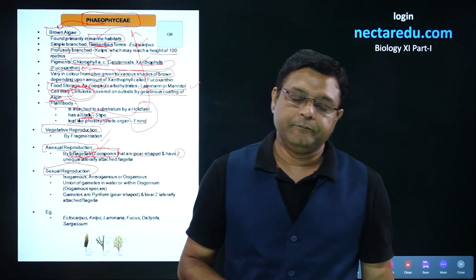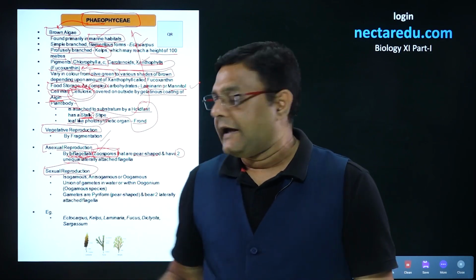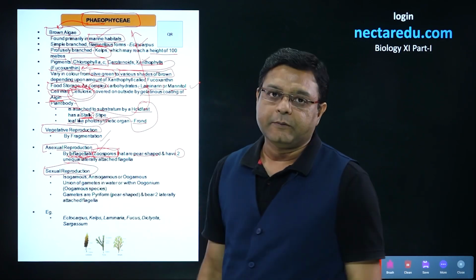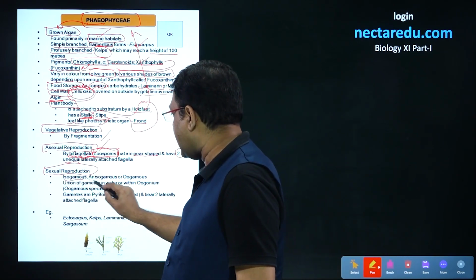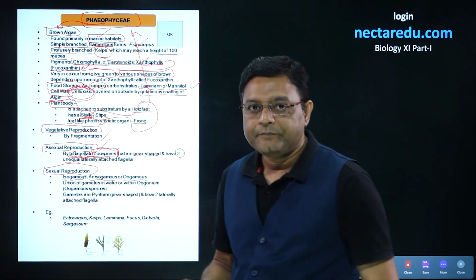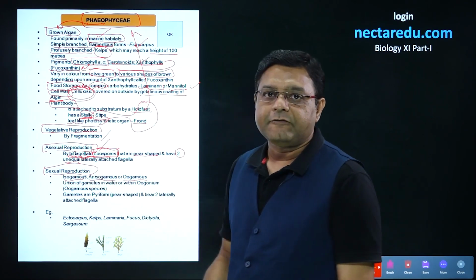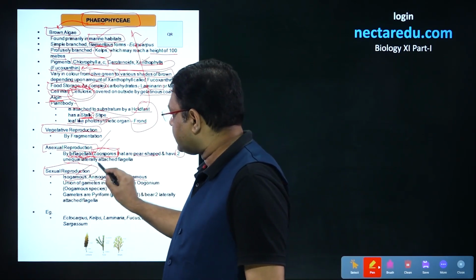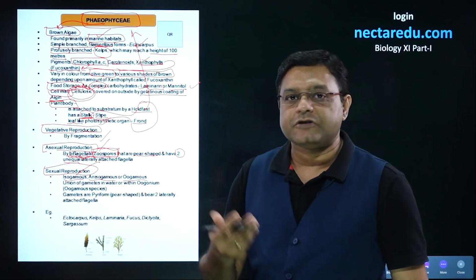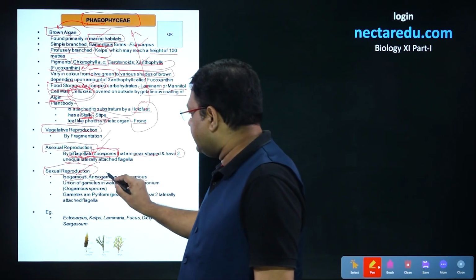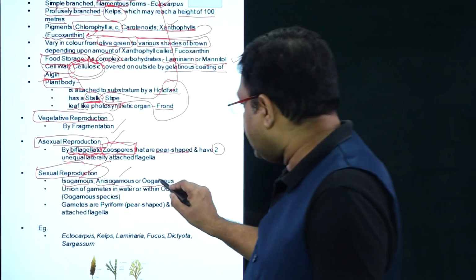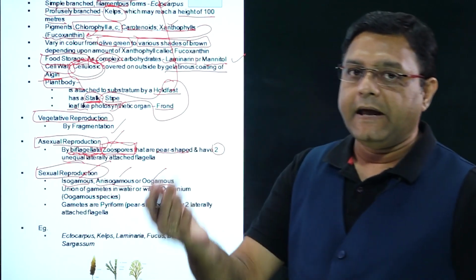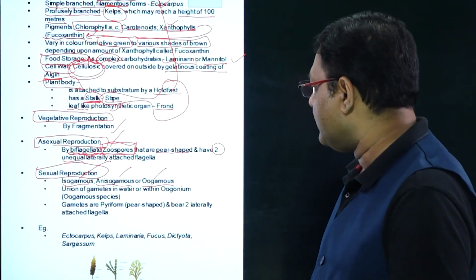Talking of the next reproduction, that is sexual reproduction, it can be all three types. It can be isogamous, anisogamous, or oogamous. The difference lies in the fact that in isogamous, the two gametes will be similar in size. In the case of anisogamous, gametes will be dissimilar in size. In the case of oogamous, the male will be motile, the female will be non-motile.